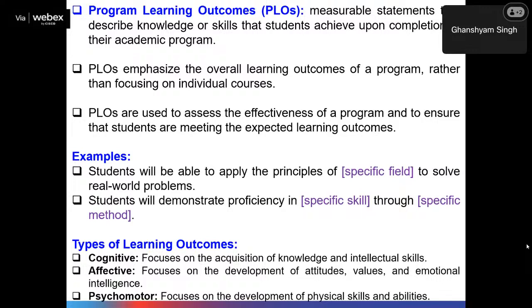The types of learning outcomes can be cognitive, affective, or psychomotor in nature. Cognitive means we are focusing on the acquisition of knowledge and intellectual skills. Affective outcomes focus on the development of attitudes, values, and emotional intelligence. And psychomotor focuses on the development of physical skills and abilities of the students.